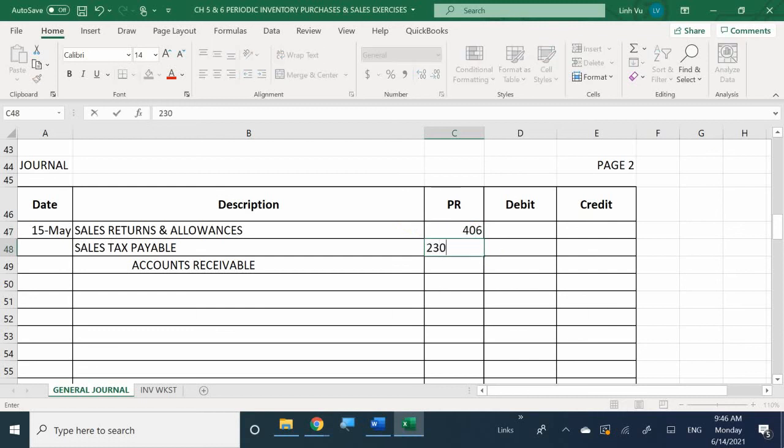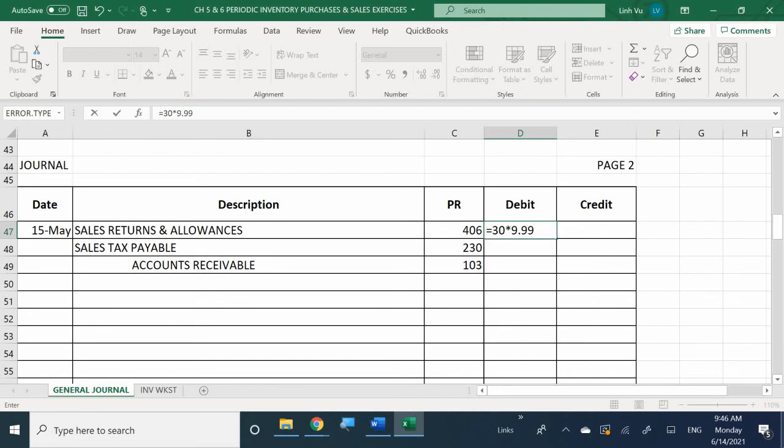We know sales tax to be 230 and accounts receivable is account number 103. So how many mugs are we actually returning? 30, right? So what's my total amount that I am refunding?